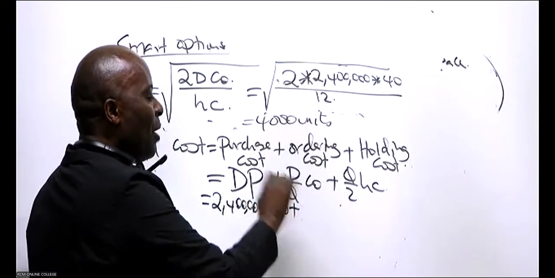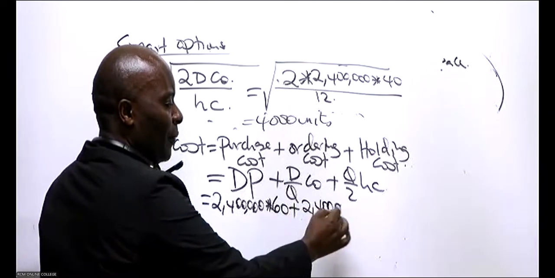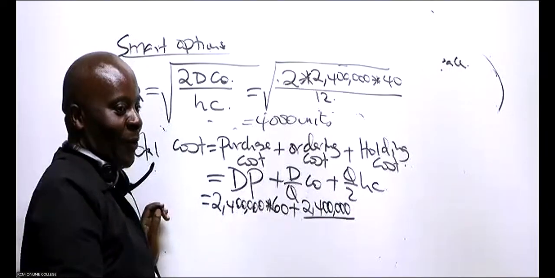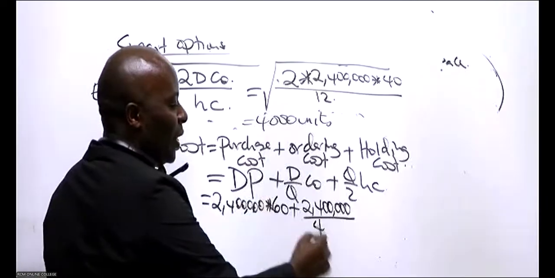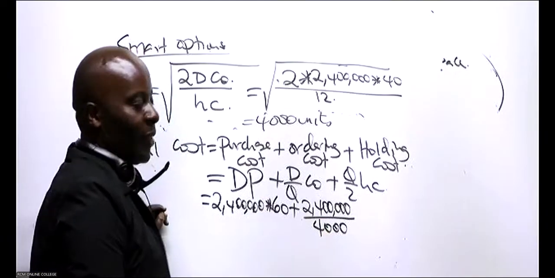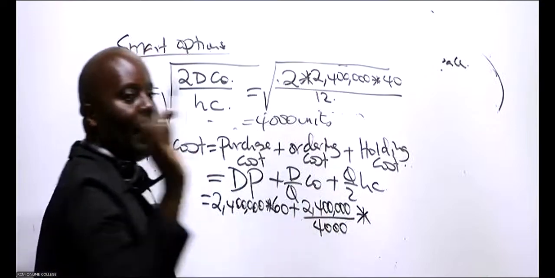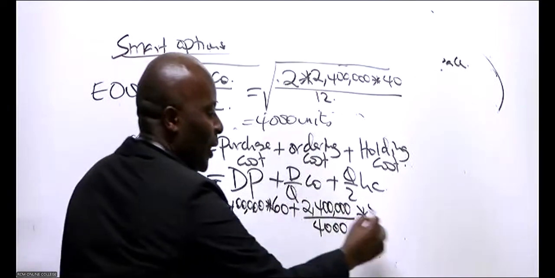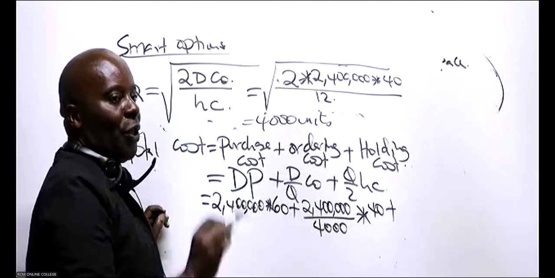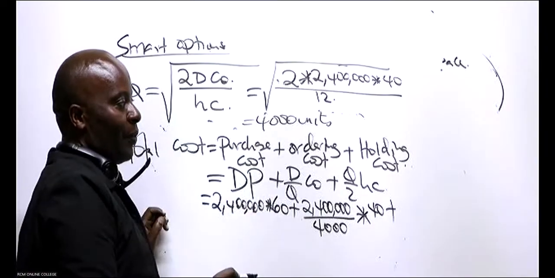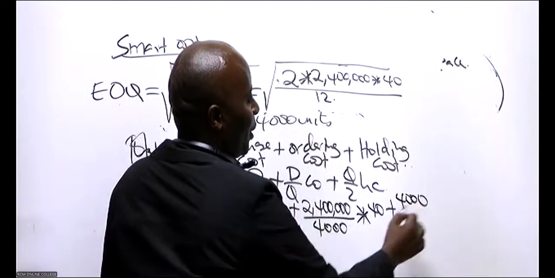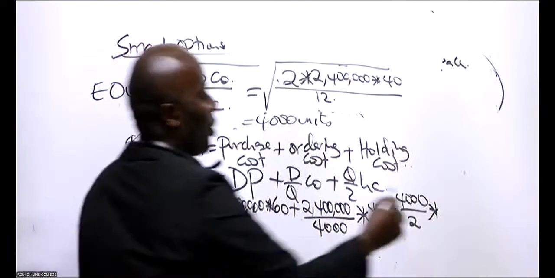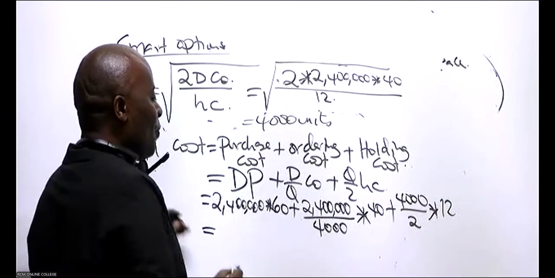This is the same annual demand, 2.4 million, divided by Q, which is the EOQ that you have given me as 4,000. Multiply this by cost per order, which is 40. Plus Q over 2, the same quantity, 4,000 over 2, times the holding cost, which is 12.